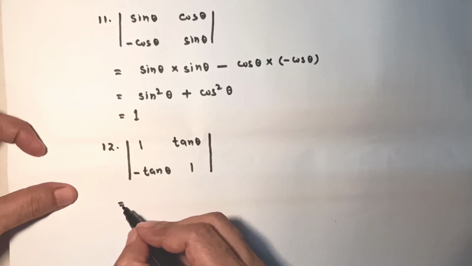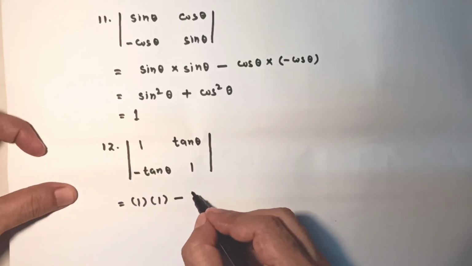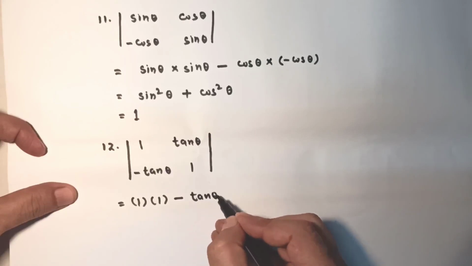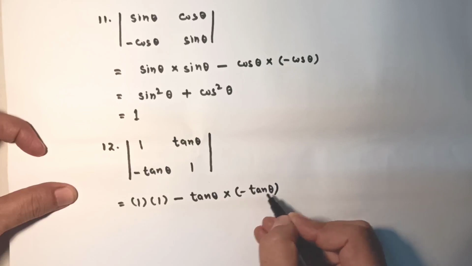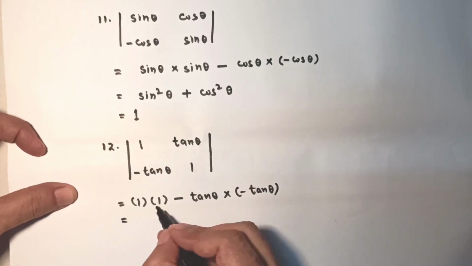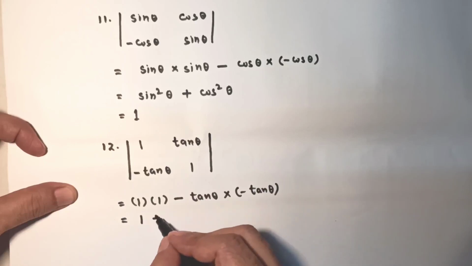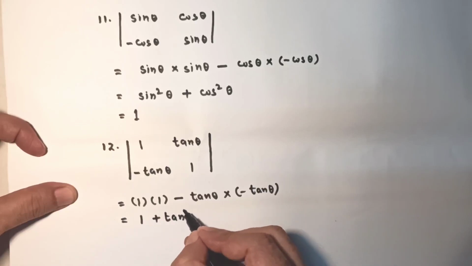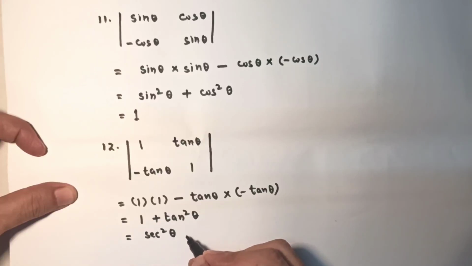When you multiply, again 1 into 1 minus tan theta into minus tan theta. 1 into 1 is 1, this minus minus plus, and tan square theta. And you may be knowing 1 plus tan square theta is sec square theta.